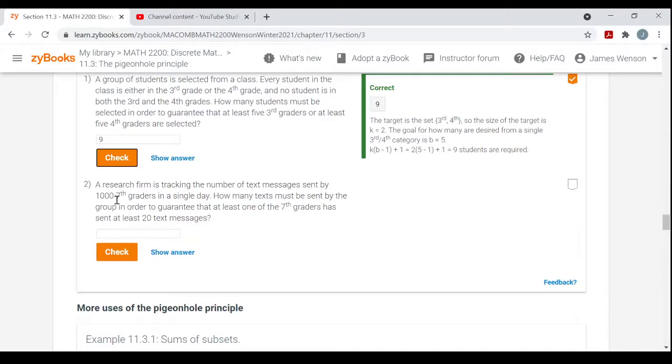So here, you got these 1,000 7th graders, right? I want to look through each of these and make sure that the ceiling is 20. Somebody sent at least 20.